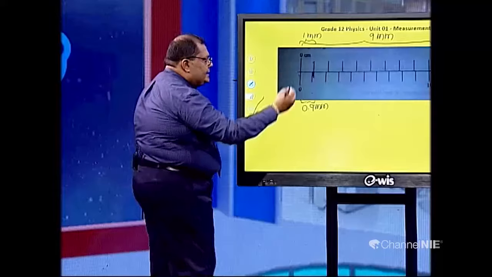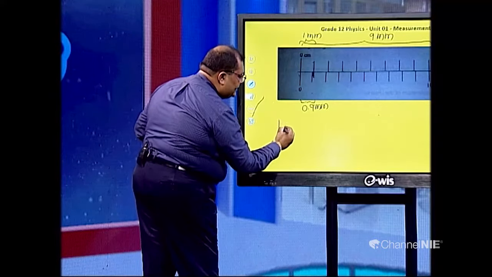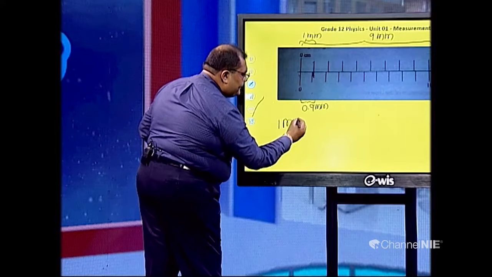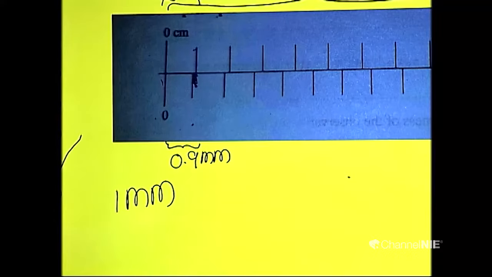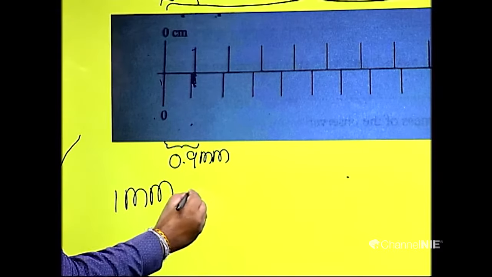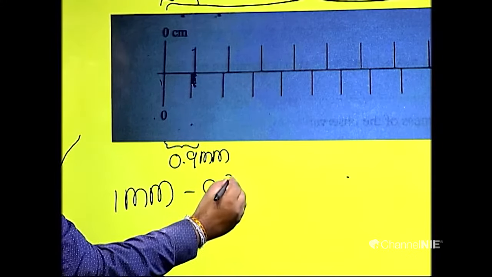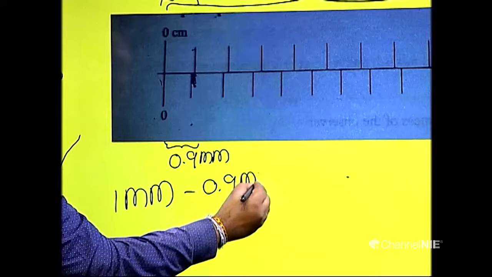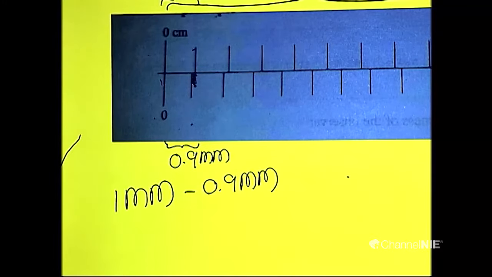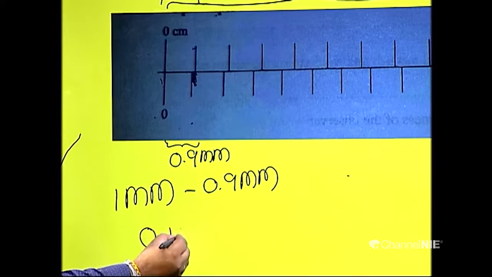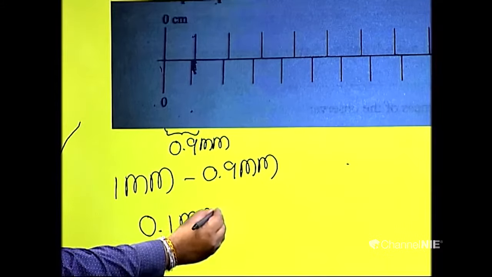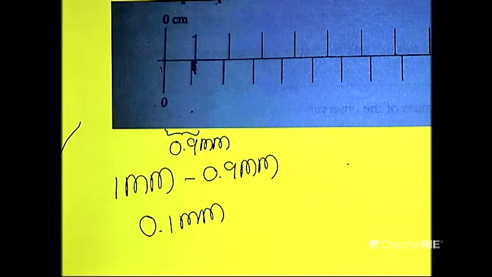So the least count of this new instrument is the least count of the main scale, 1 millimeter, minus the width of a division, 0.9 millimeters. Therefore, the new least count is 0.1 millimeters.